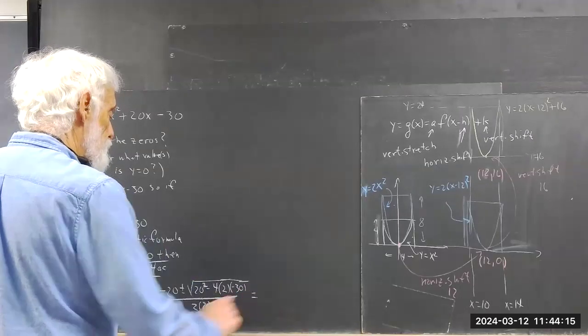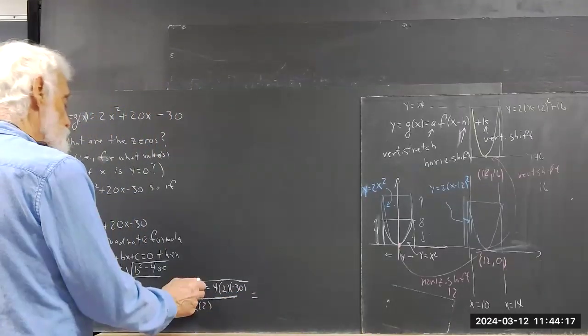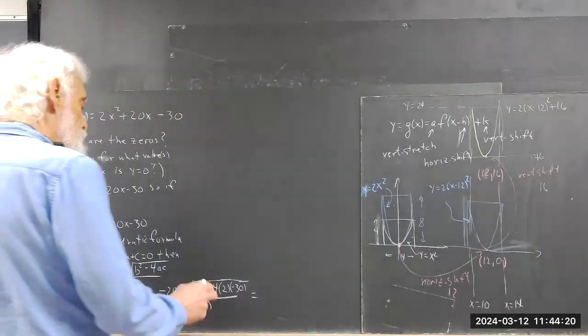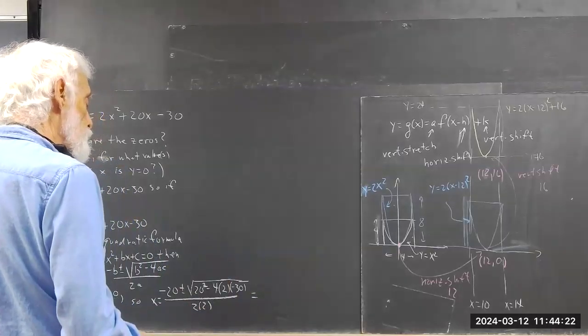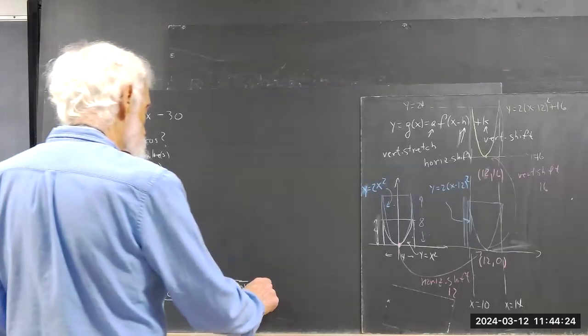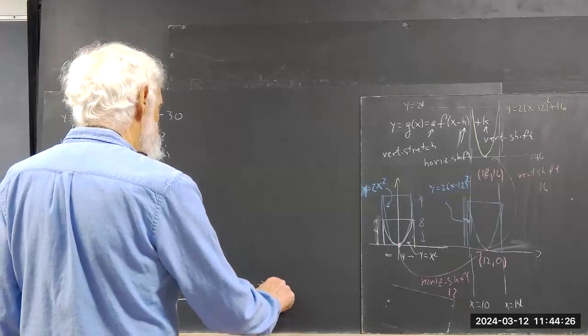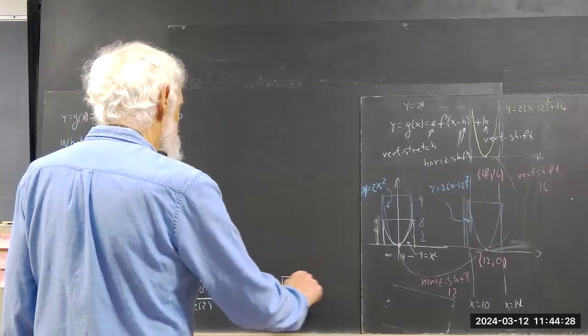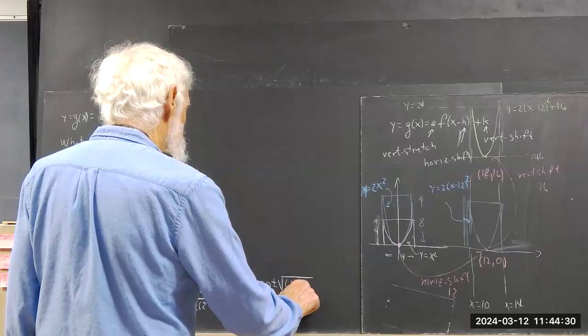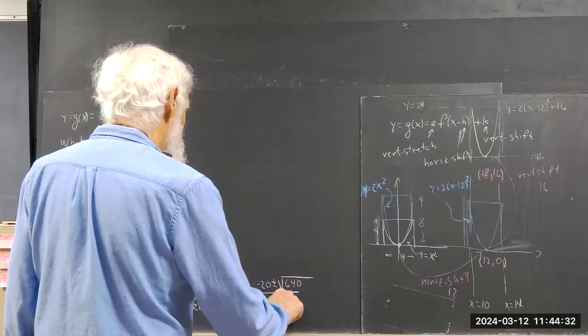So just numbers now. And just do the numbers. You got 400 here. You got 240 here. Gives you 640. So you got minus 20 plus or minus the square root of 640, all divided by 4.